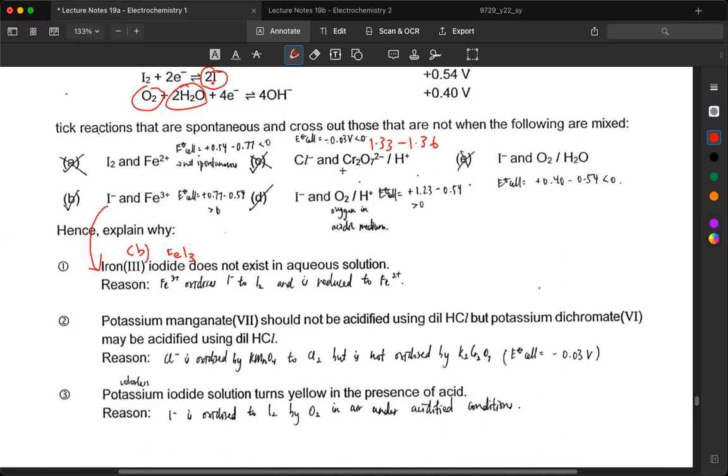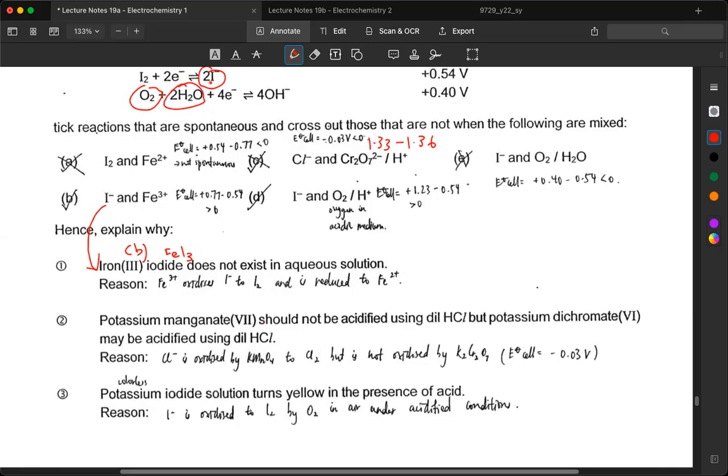There's no redox reaction between them. The Cl minus can be oxidized by KMnO4 to Cl2, but it's not oxidized by K2Cr2O7. So you can still use HCl to acidify potassium dichromate, but cannot acidify potassium manganate.